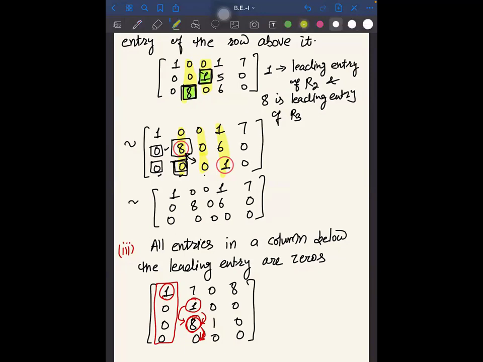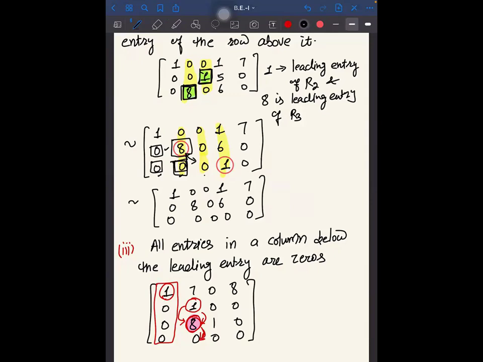This is non-zero. The leading entry is 1, that is fine, but the entries below this leading entry are not 0. So right now it is not in the echelon form. To make it echelon form, we'll apply certain operations, and how we do that we'll discuss in a subsequent lecture.